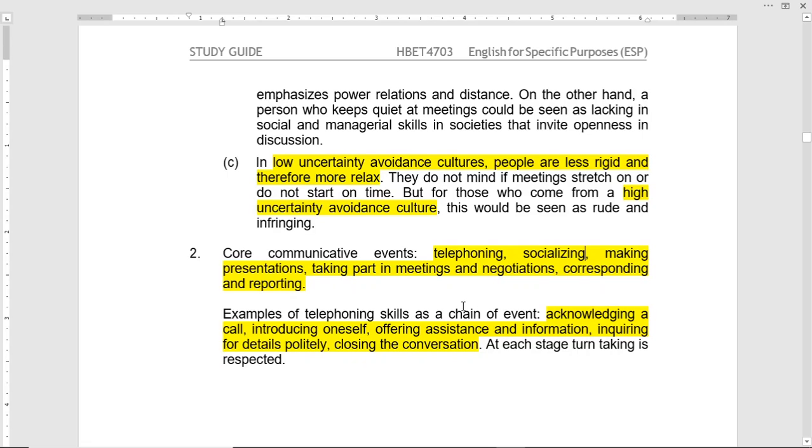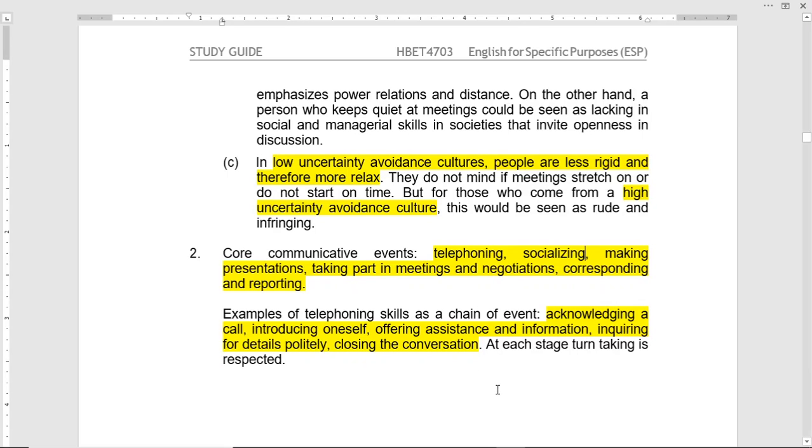So, for a telephone call, acknowledging a call, introducing oneself. Hi, good morning. Thank you for calling. And I am so and so, that kind of language. Offering assistance and information. After that, inquiring for details politely.